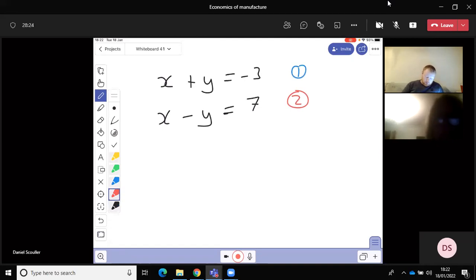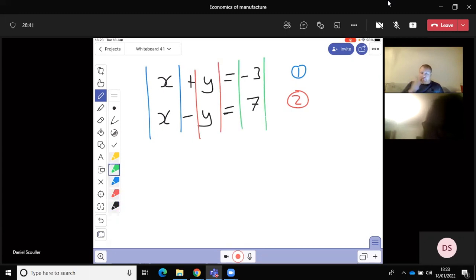The first step is to let me just check what we wrote down. Make sure the letter terms are on the left hand side, which we've done. Both the x's are in a column, both the y's are in a column, and the numbers are in a column after the equal sign. So the letters are on the left hand side, all the whole numbers are on the right hand side with the equals in the middle.